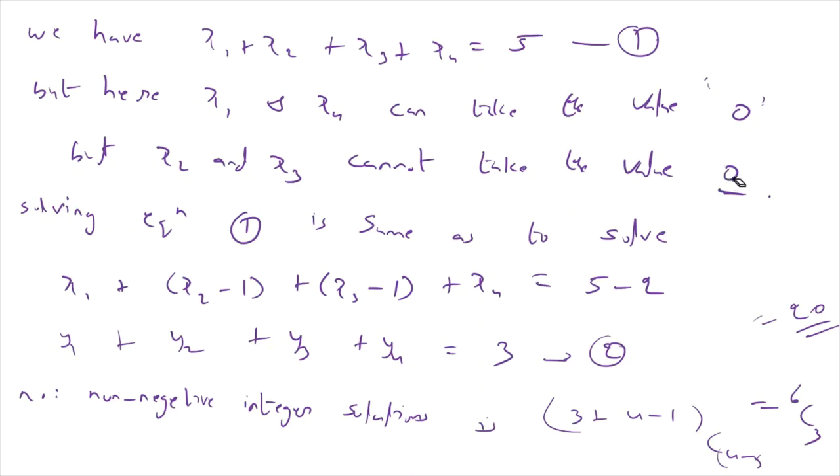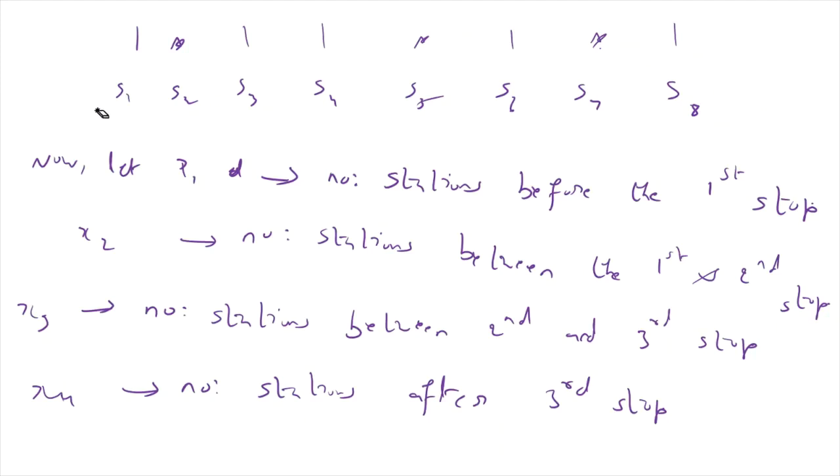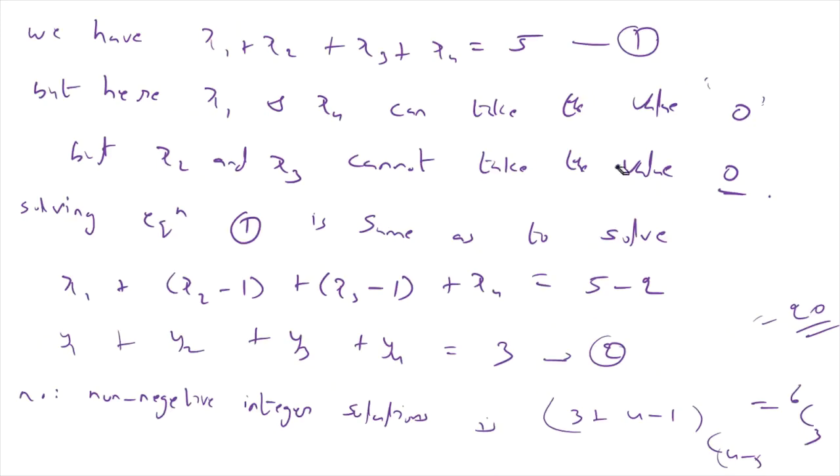Because if the train stops at the first station, then the number of stations before the first stop is going to be 0. And if the train stops at 8th station, then the number of stations after the 8th station is going to be 0. So x1 and x4 can take the value 0, but x2 and x3 cannot take the value 0.